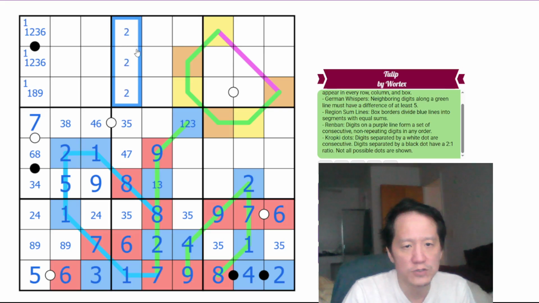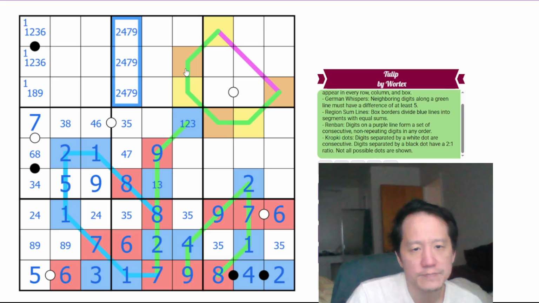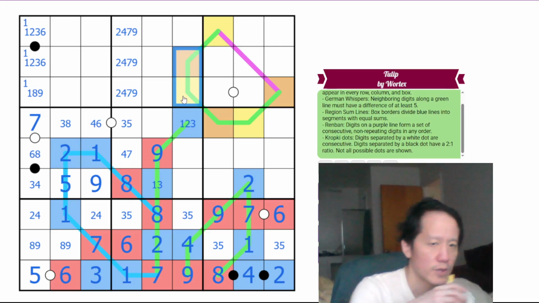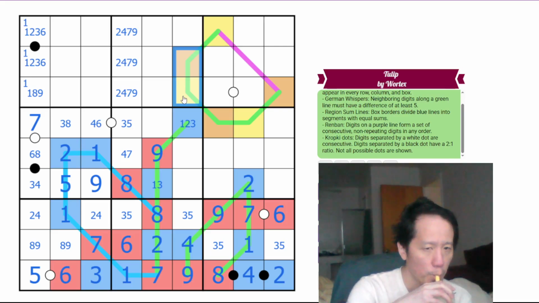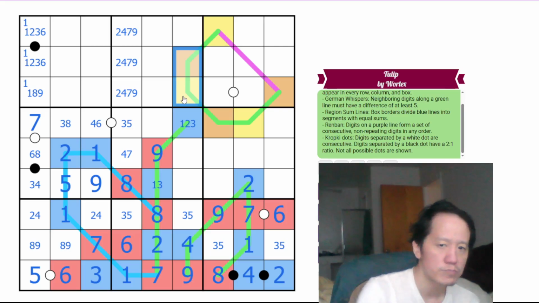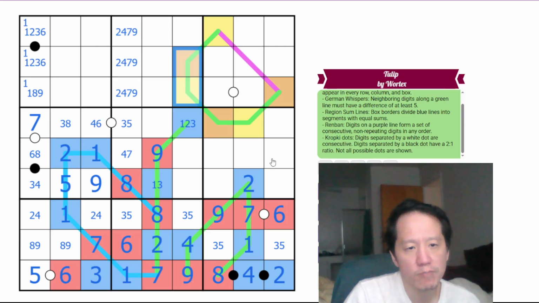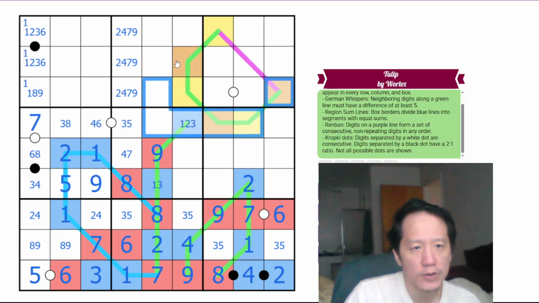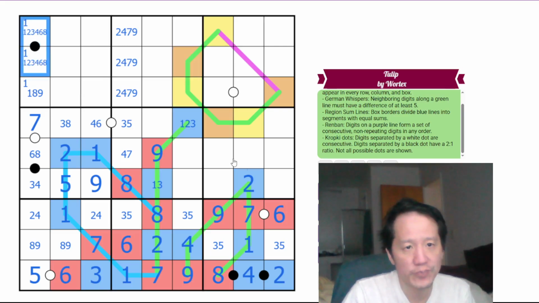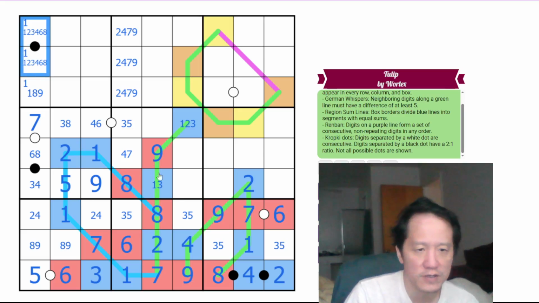And these must be 2, 4, 7, or 9. 9 cannot be either of these. 4 cannot be either of these. Okay. This could also be 4 and 8 here. So this could be a wide variety of things here.